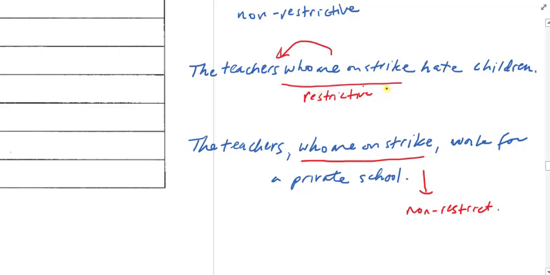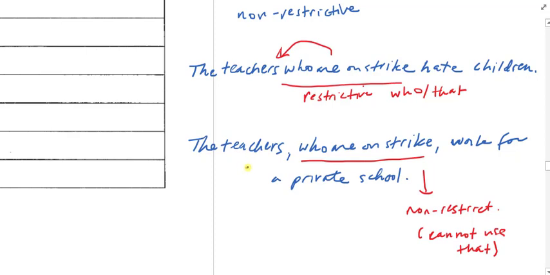Now here's the thing about restrictive relative clauses. This is a matter of English. It's not a matter of Greek. With restrictive relative clauses, I can use who, and I can use that for people, right? But if I have a non-restrictive clause, I cannot use that for my relative clause. Try saying it with the pausing here.